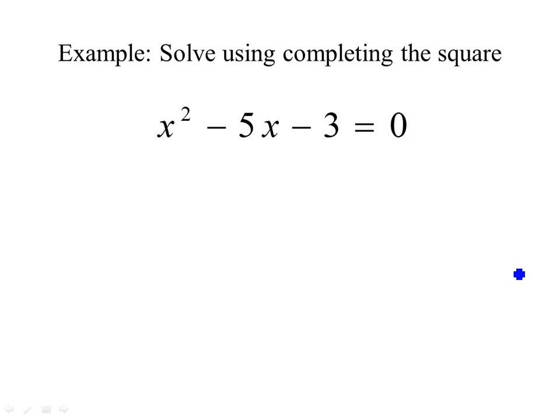See what I did? Okay. The only thing left to do is add 5 halves to both sides. So we're going to get x is equal to 5 halves plus or minus the square root of 37 over 2. And again, like I said, this answer is good for me, but in the book and on that multiple choice test or final exam, they'll go ahead and put them together.